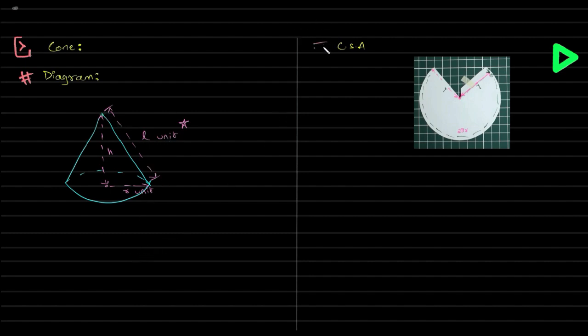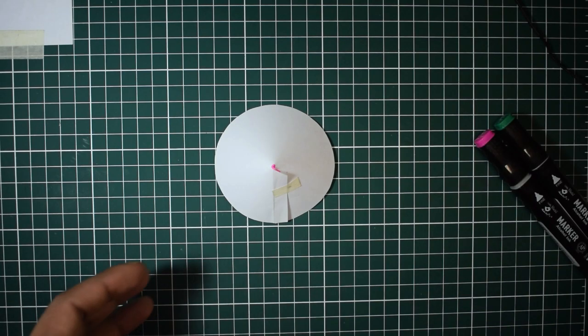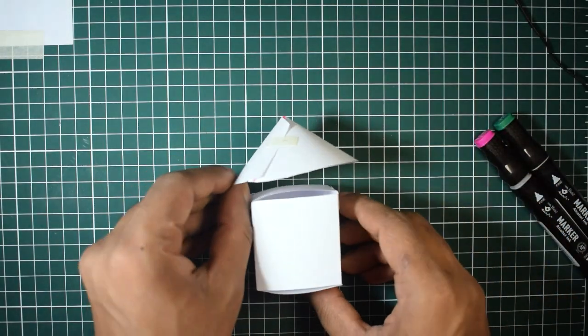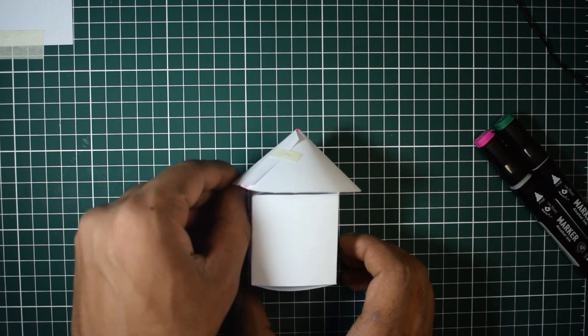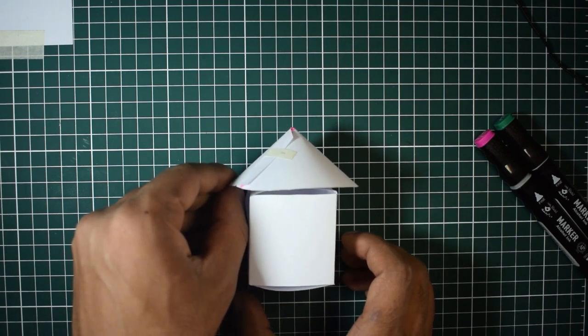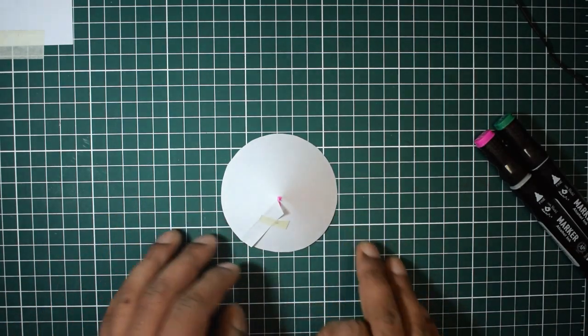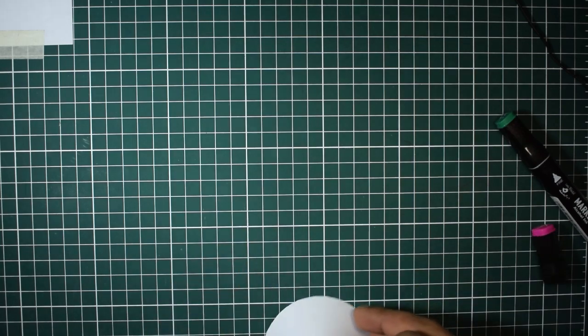Okay. So next thing that we need to learn is about curved surface area. So please have a look at this, then we can discuss further. So we are looking at a cone. So I'm trying to show that the base is flat. Not a very good job, but yeah. So you can see that the base is flat. The next thing is that we need to make an observation about the slant height.